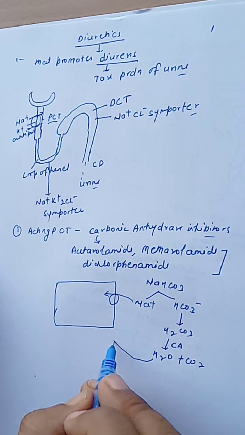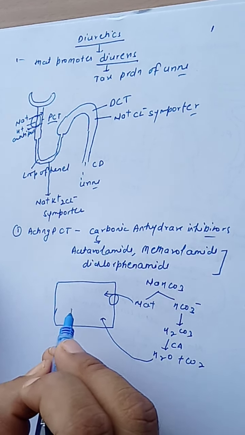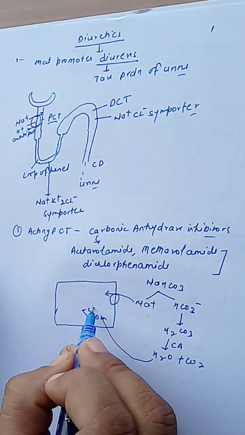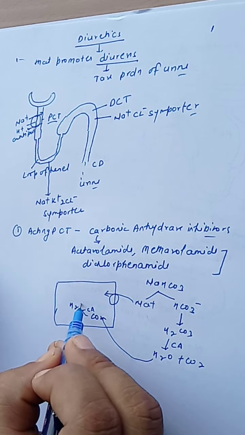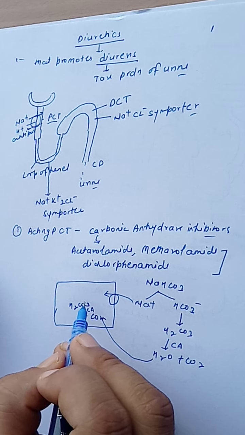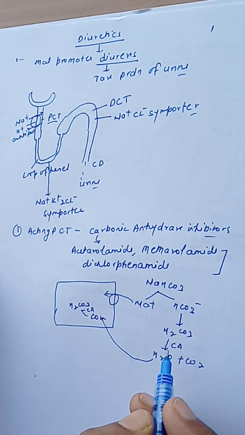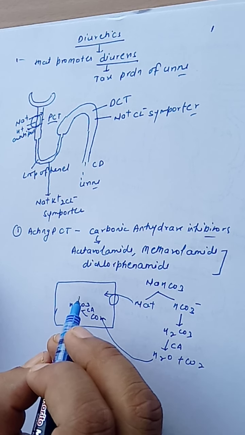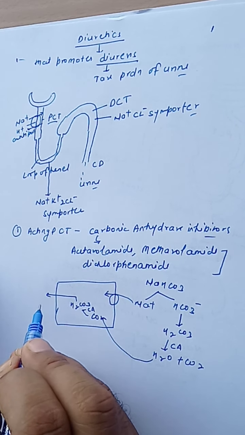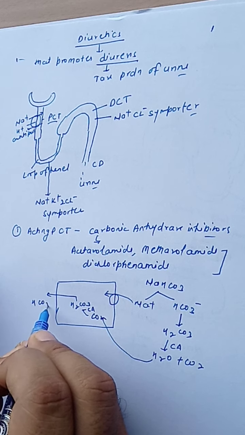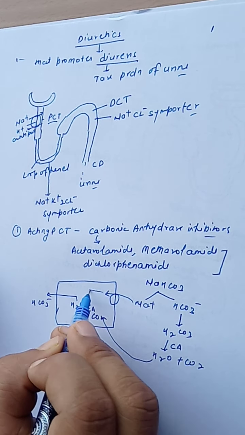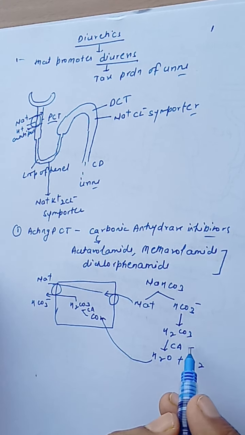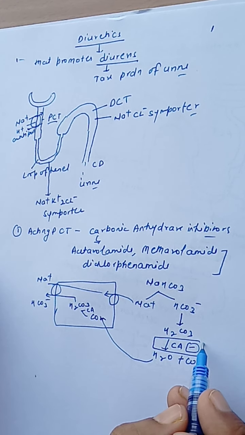This CO2 will be transported, and with the help of carbonic anhydrase enzyme is converted again into H2CO3, with the help of water, and then sodium and bicarbonate are transported to the extracellular side. So particularly you have to understand that this inhibits the carbonic anhydrase enzyme.